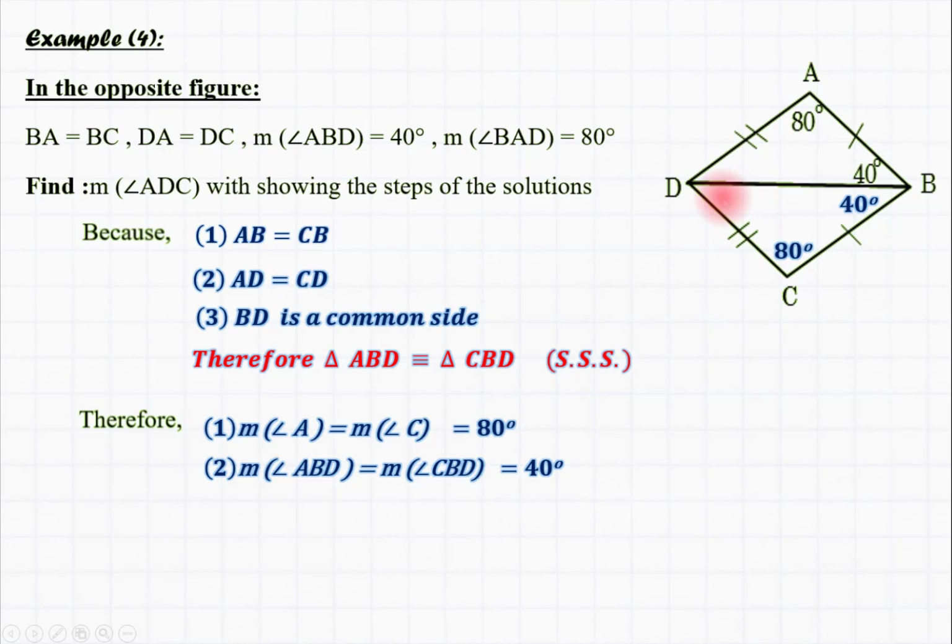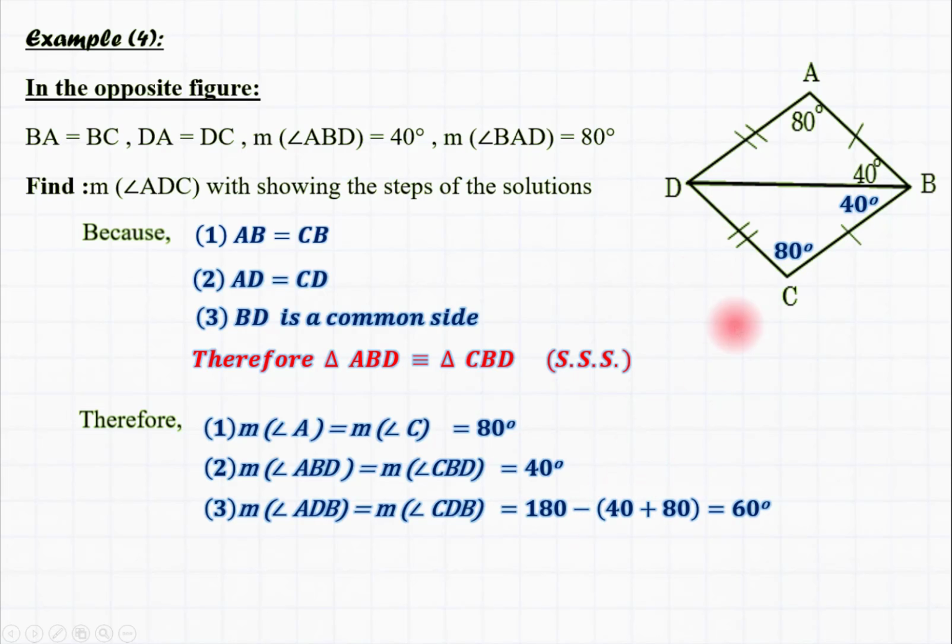And we know that the sum of the interior angles of any triangle equals 180. Therefore, the measure of angle ADB and the measure of angle CDB will equal 180 minus (80 plus 40), which equals 60 degrees. Then each of these two angles equals 60 degrees. Therefore, the required angle ADC will equal 60 plus 60, which equals 120 degrees.